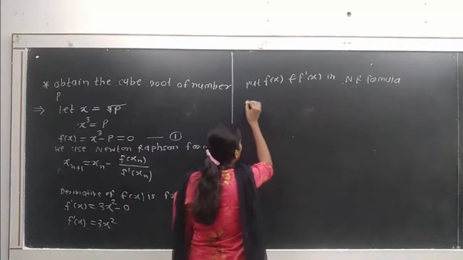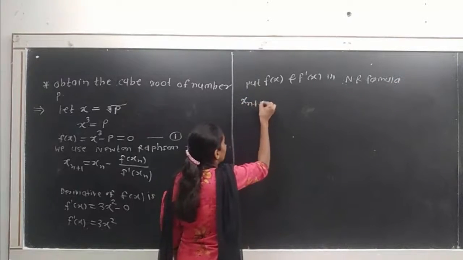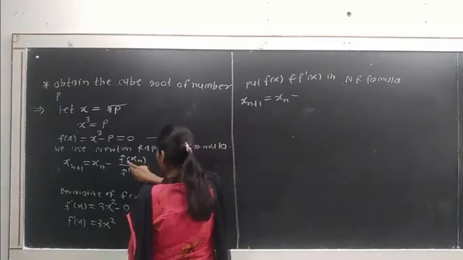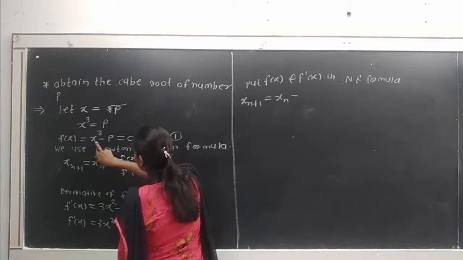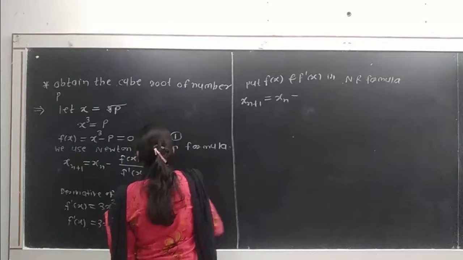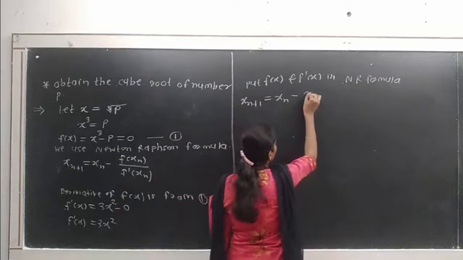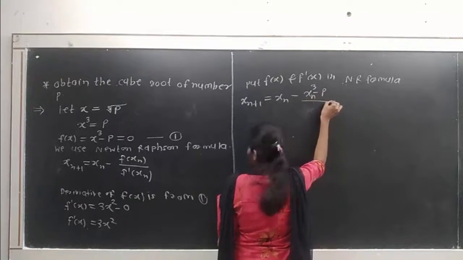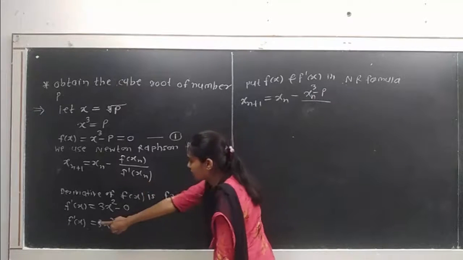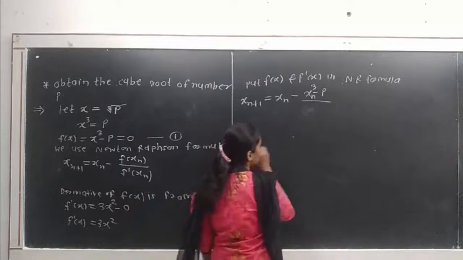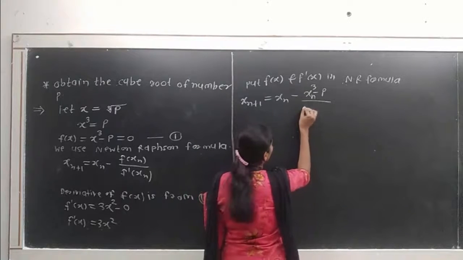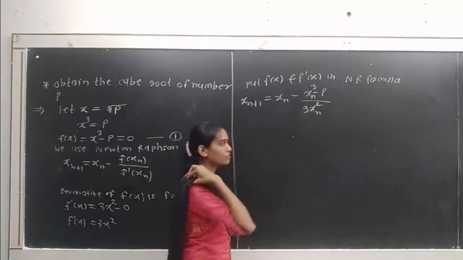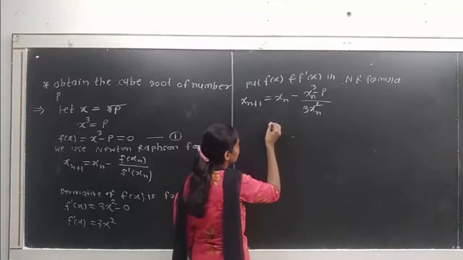We get x n plus 1 is equal to x n as it is, minus f of x n, where instead of x we put x n, so we get x n cube minus p, divided by f dash of x n, which is 3 x n square. Then we simplify this.